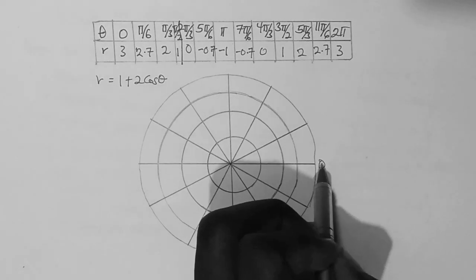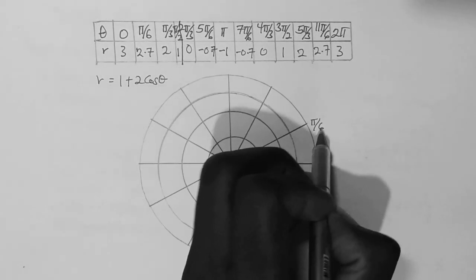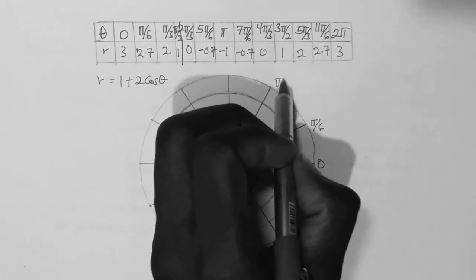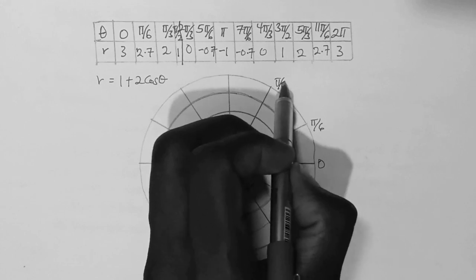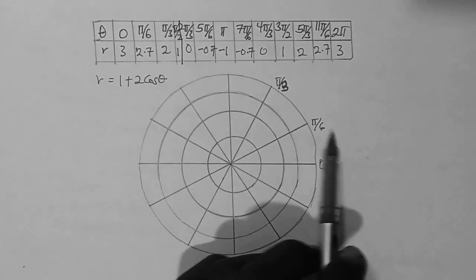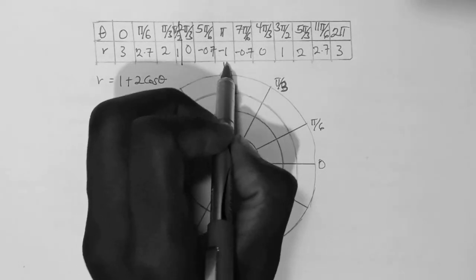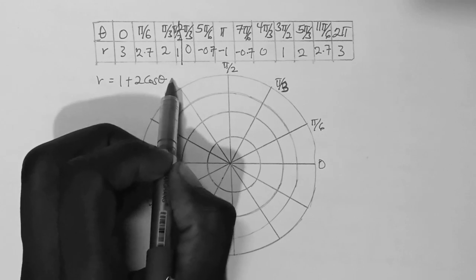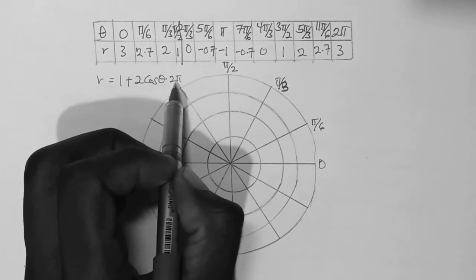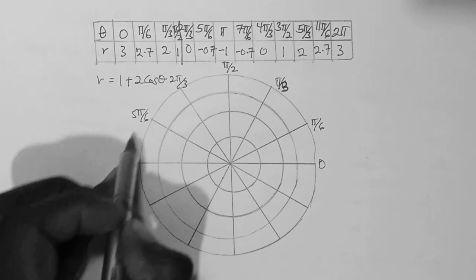We are starting from 0 degrees, and here is pi on 6. Then here is pi on 3. We are adding units of pi on 6 to each successive angle. So here will be pi on 2. Then we have 2 pi on 3 and 5 pi on 6.